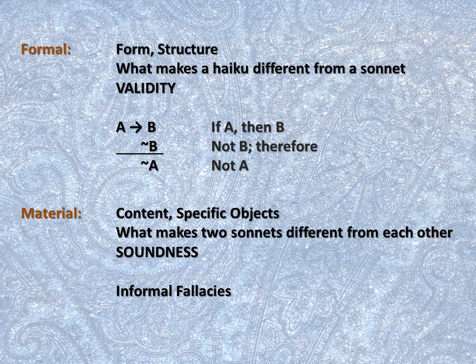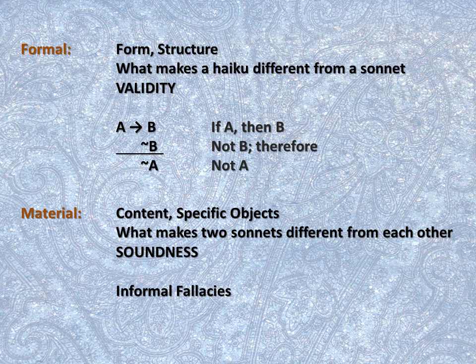Modus tollens is a valid argument structure, but again, this doesn't tell you anything about the world. It doesn't tell you anything about A's and B's, right? We're not talking about the letter A. We're not talking about things in the world called A. These are what in math you would call variables, right? So the kind of knowledge you're getting from formal logical analysis is just this structural knowledge.